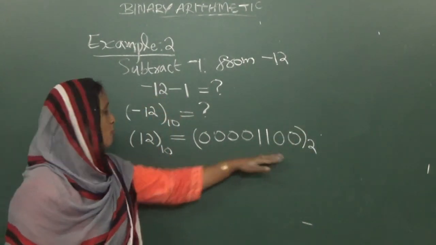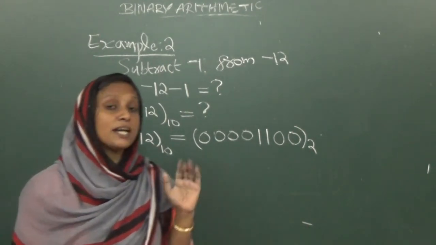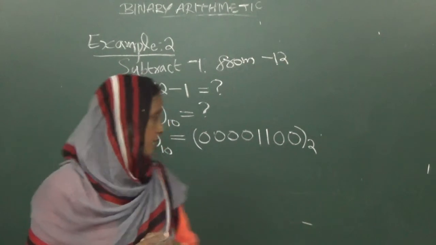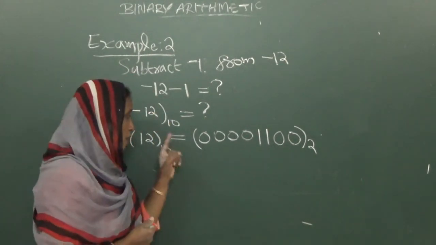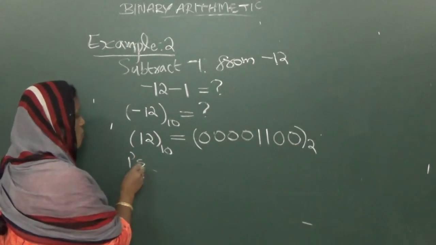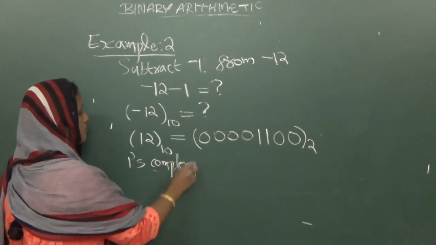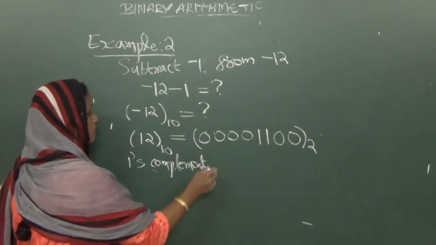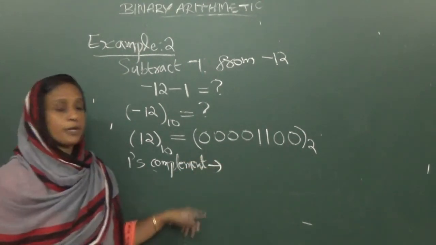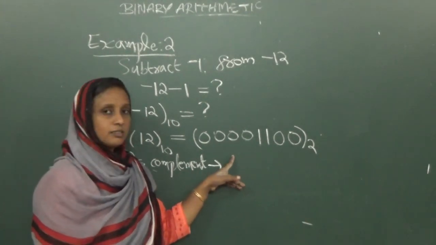This is the binary equivalent of 12. But we need minus 12. How to write it? We want to take its 1's complement. One's complement of this 12. How to write one's complement?